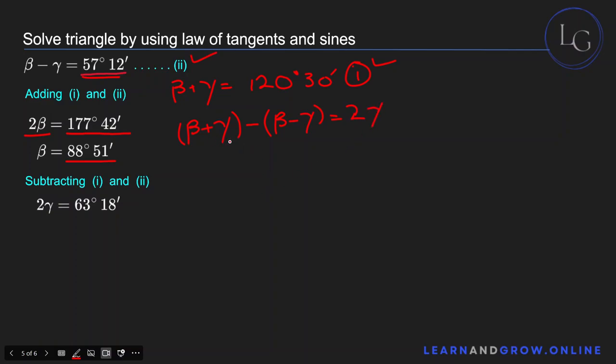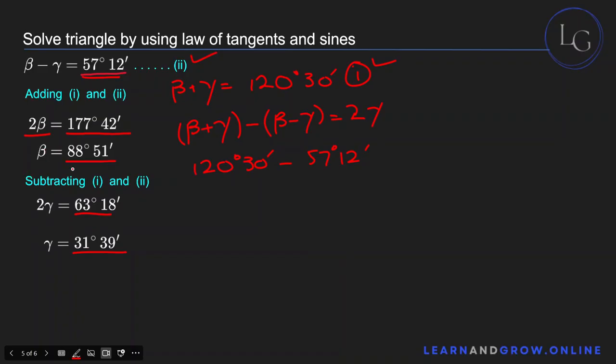So 2 gamma is equal to beta plus gamma, 120 degrees and 30 minutes, minus beta minus gamma, 57 degrees and 12 minutes, which gives you 63 degrees and 18 minutes. So divide this by 2 and you get 31 degrees and 39 minutes. So gamma is equal to this.